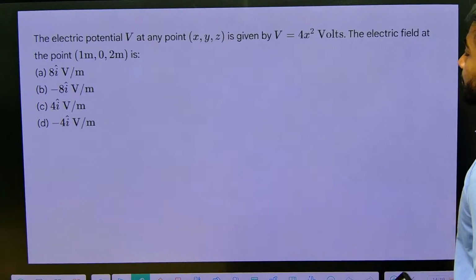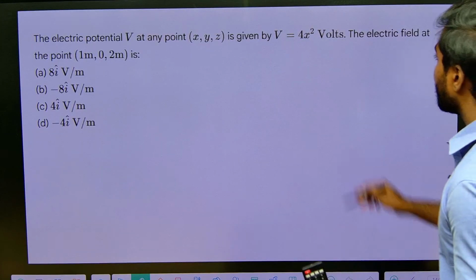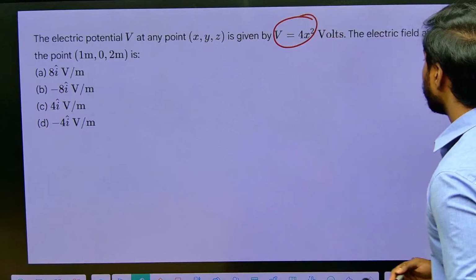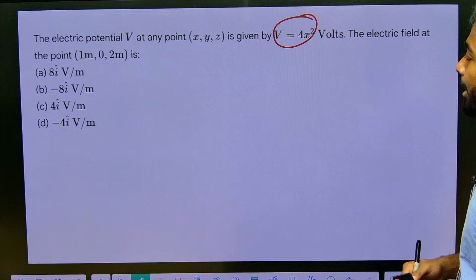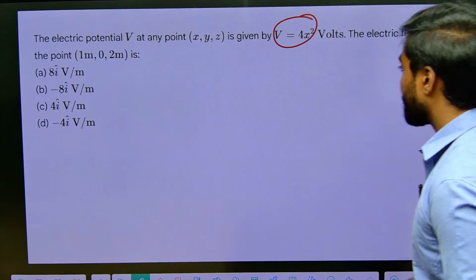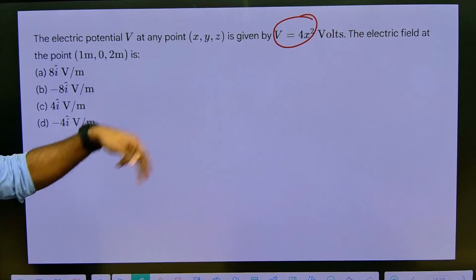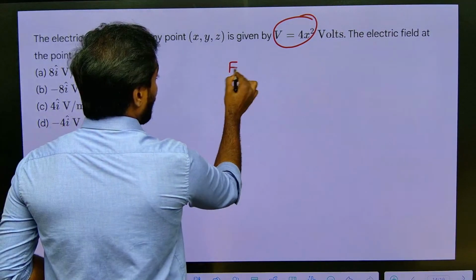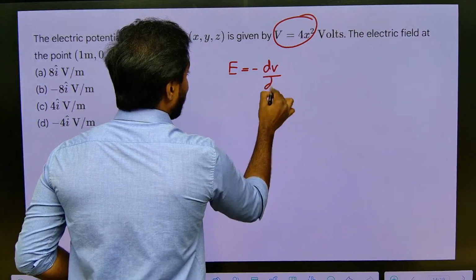So next question. The electric potential V at any point x, y, z is given by V is equal to 4x square, and the electric field at a point 1 meter, 0 and 2 meter. Okay, this is the question. When we are talking about the electric field, E is equal to minus dV by dx.